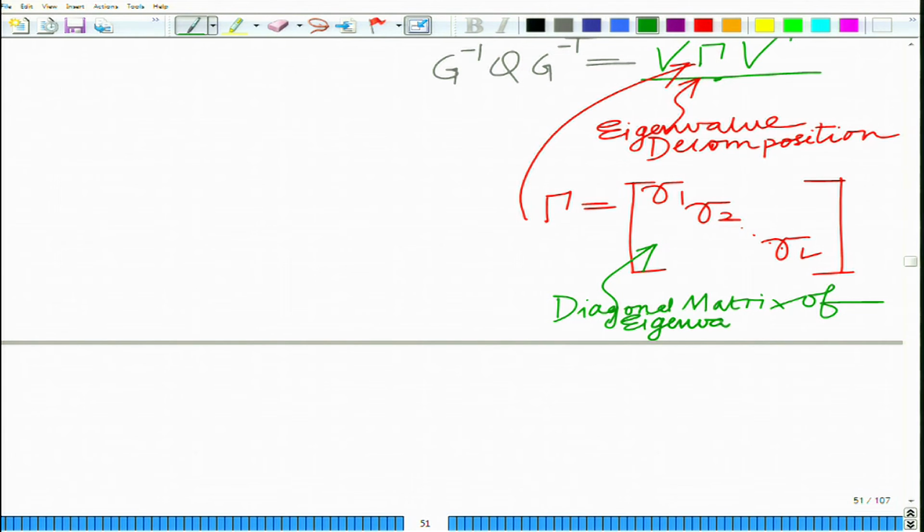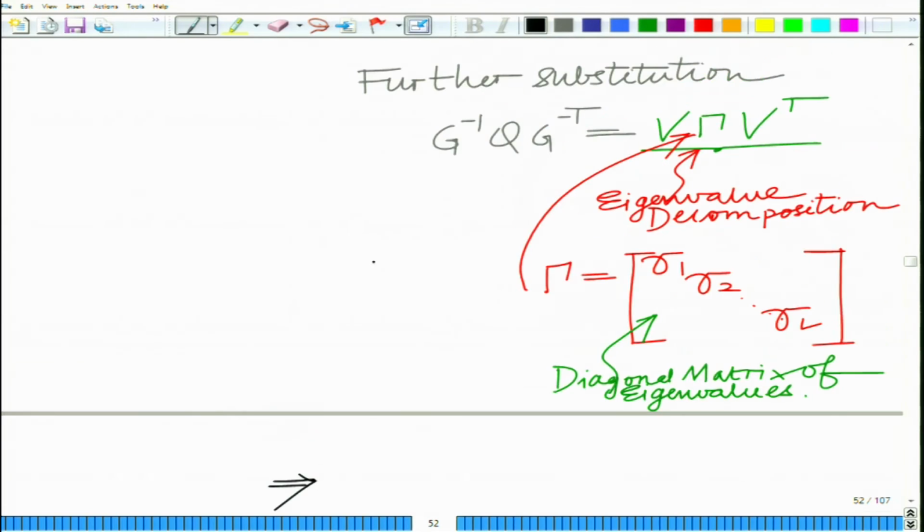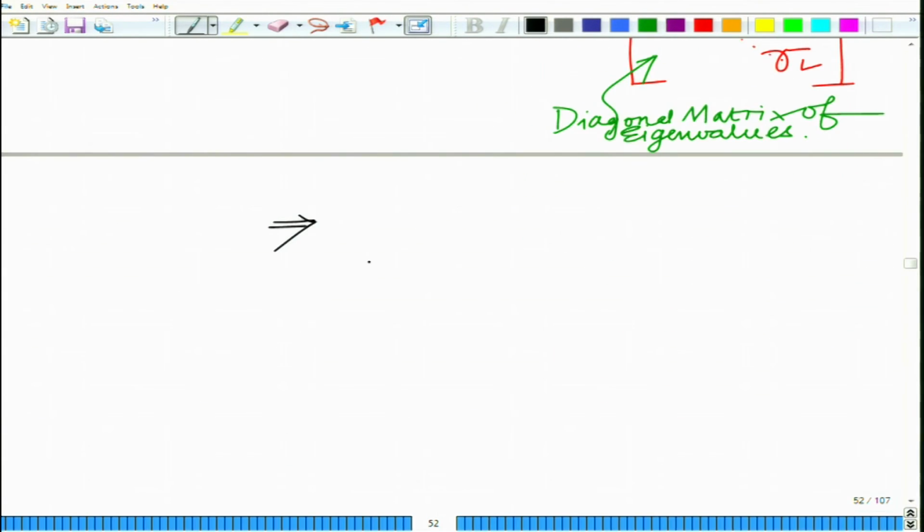Once you employ this substitution, the one that we outlined above, G inverse Q G minus transpose, or G inverse Q G inverse transpose, equals V gamma V transpose.